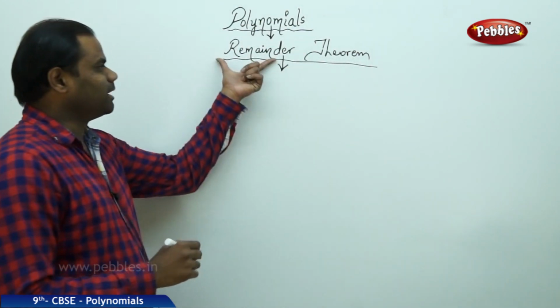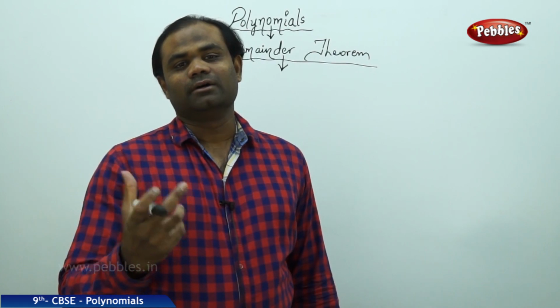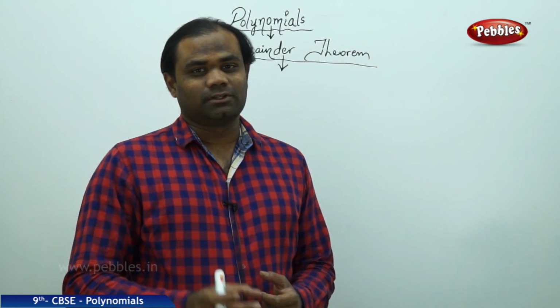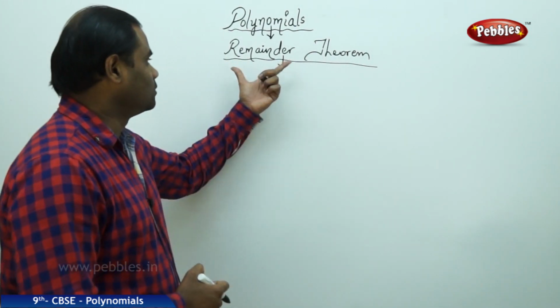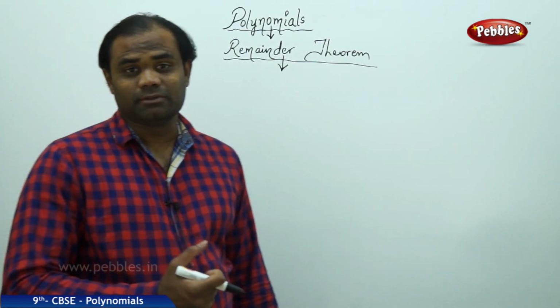As the theorem says, the remainder theorem is dedicated to identifying the remainder of a polynomial divided by another polynomial. This is the first thing we note from the theorem. It relates to the remainder in divisibility.